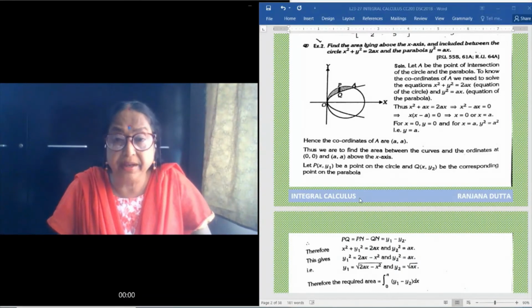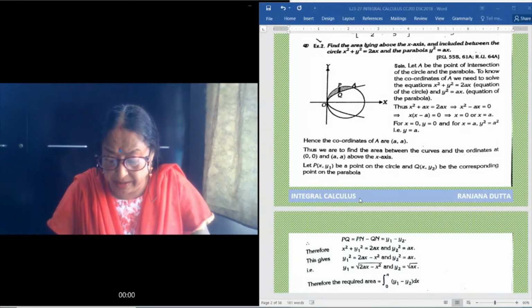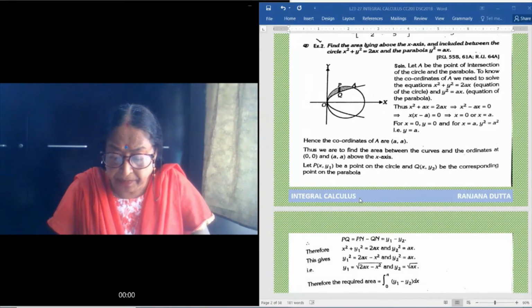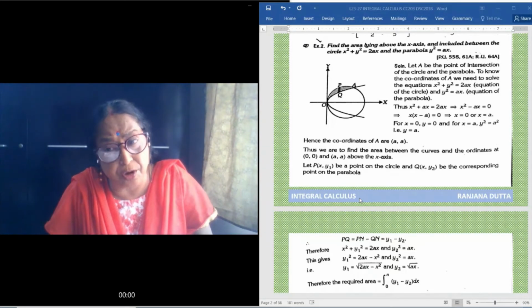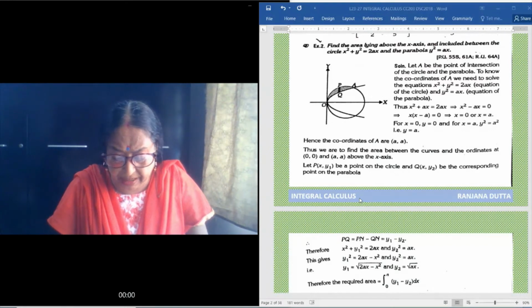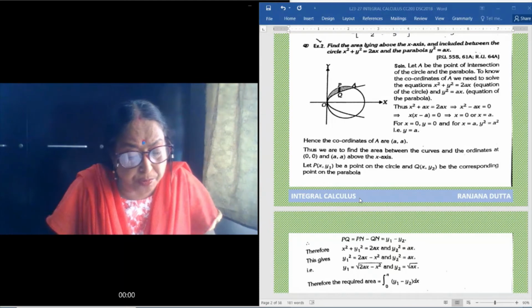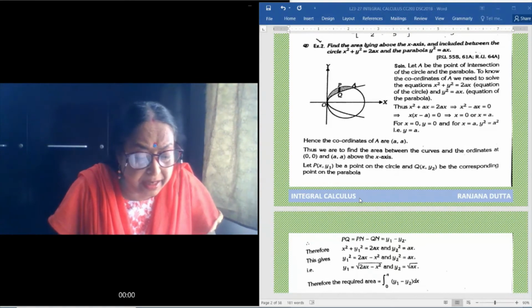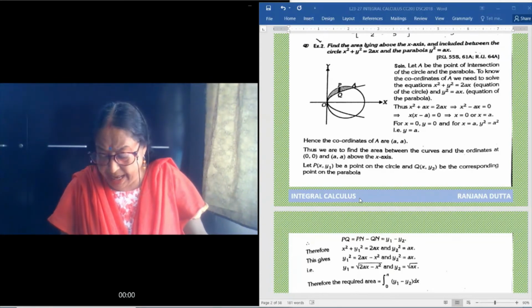Now to find the point of intersection, that is the point A, the point of contact of the circle and the parabola, solving this we can say that the coordinates of point A are (a, a).